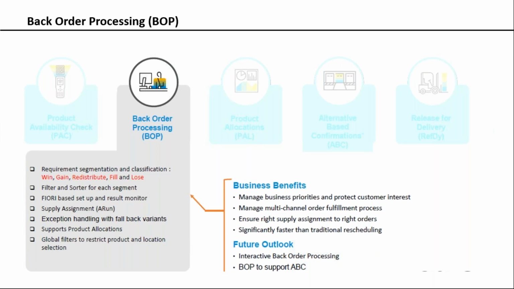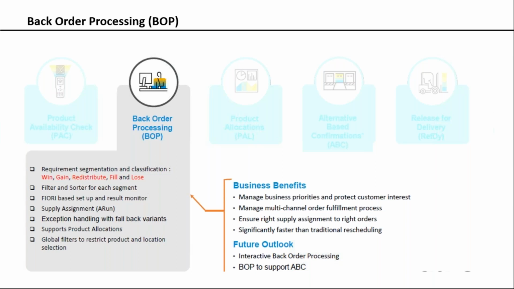The other important innovation in BOP is the BOP strategies. Here SAP delivered 5 different strategies that can be used during a BOP process: win, gain, redistribute, fill, and lose, which I will explain in detail in the next slide. Similarly, the filter and sort criteria exist in GATP BOP, but the way we configure filter and sort criteria has completely changed.